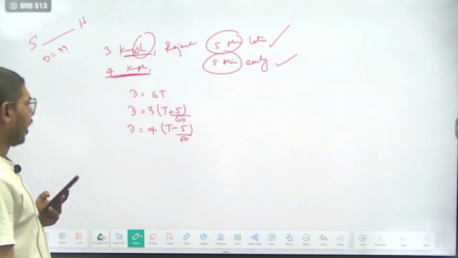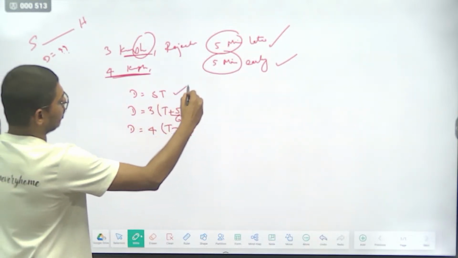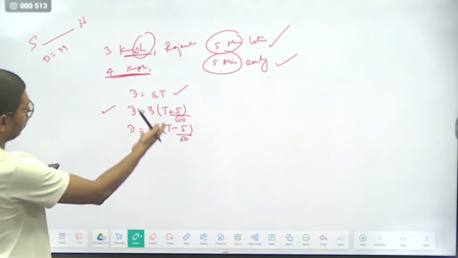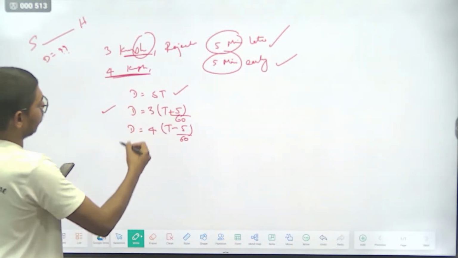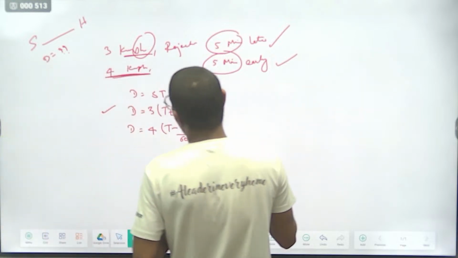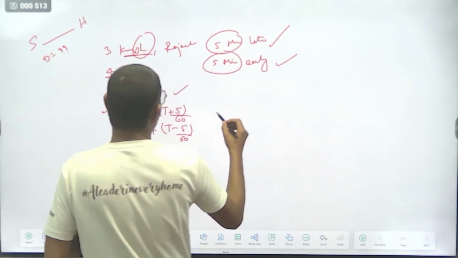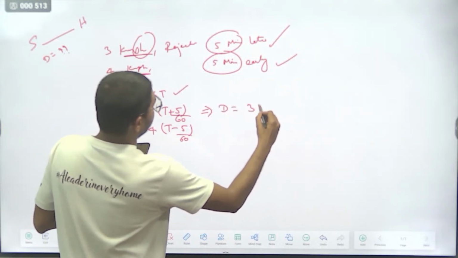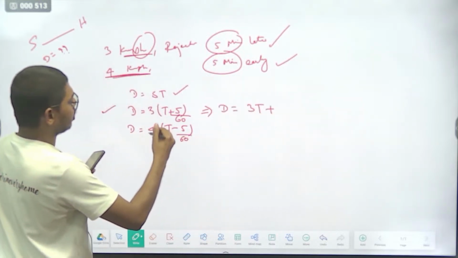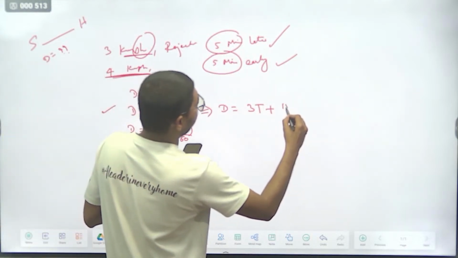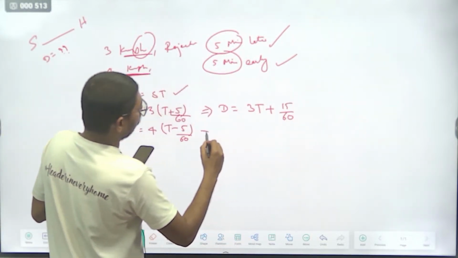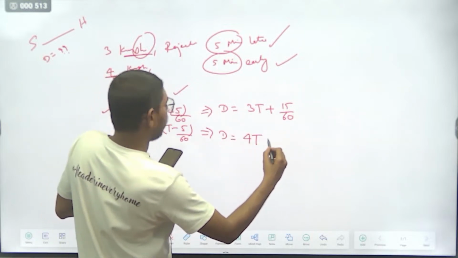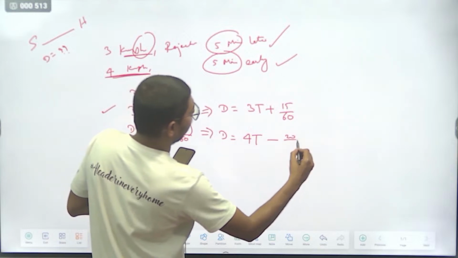If we do divided by 60 over here, we know D is equal to ST, and you just have to put all this. You have like 3 different equations. D is equal to ST. So how do you guys want to work ahead? Over here, D is equal to 3T plus 15 by 60. Over here, D is equal to 4T minus 20 by 60.